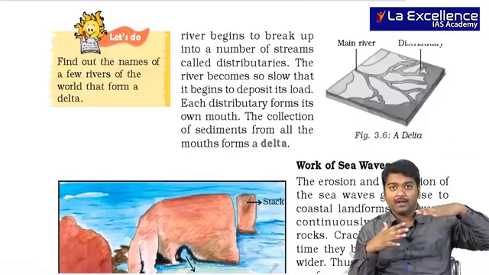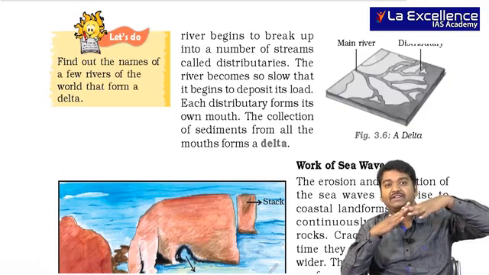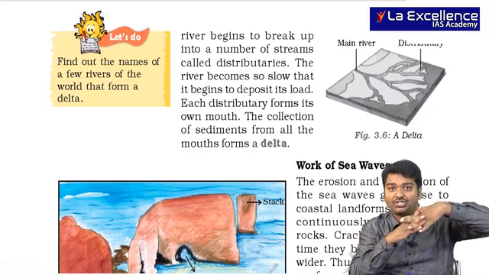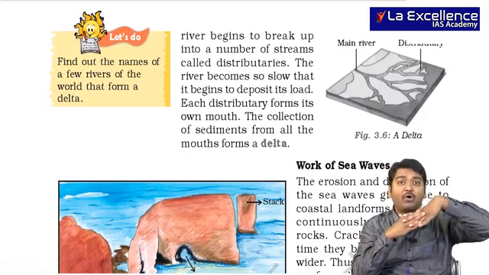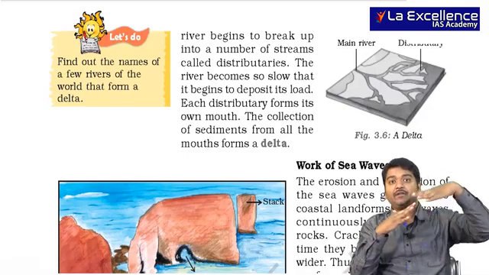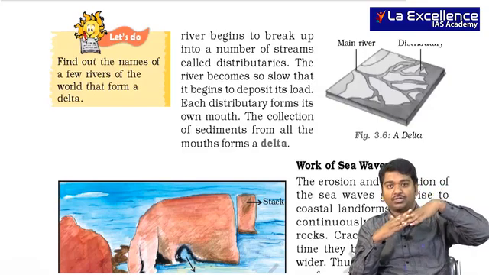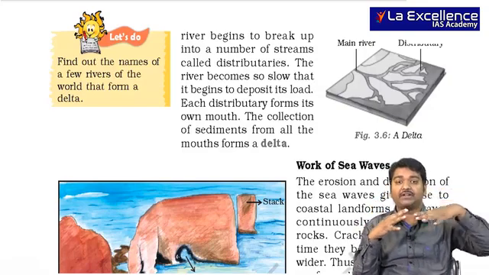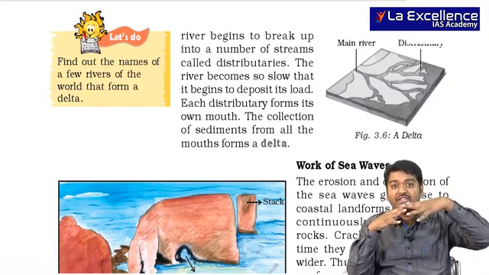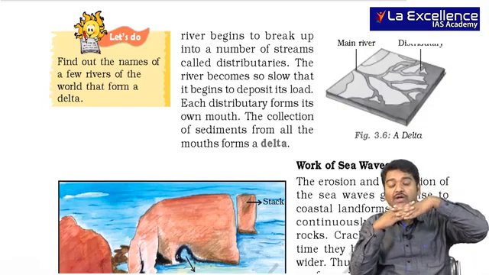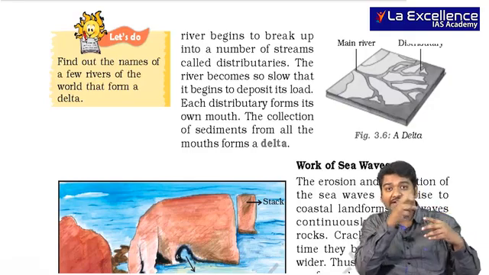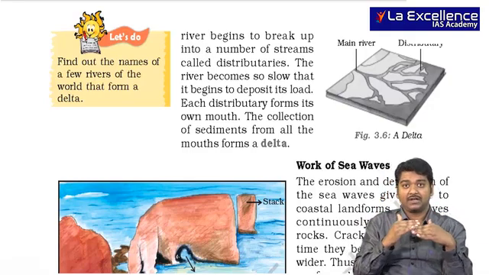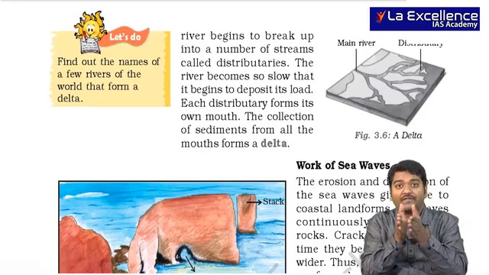At the end, the river actually enters the ocean. The place where the river enters the ocean is called the mouth of the river. When the river enters the ocean, the ocean has salt water, and the river has fresh water and sediments. Now when these two mix, the salt water does not allow the sediments to come in, and the sediments get deposited at the mouth of the river.